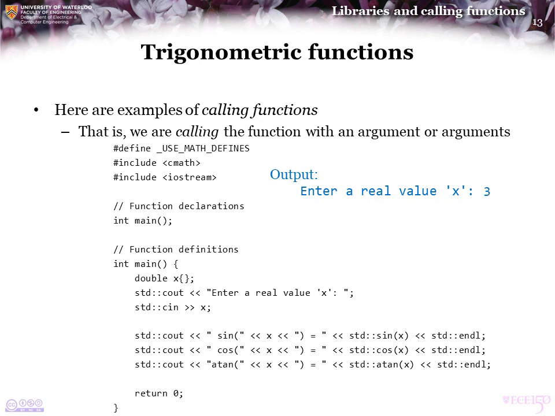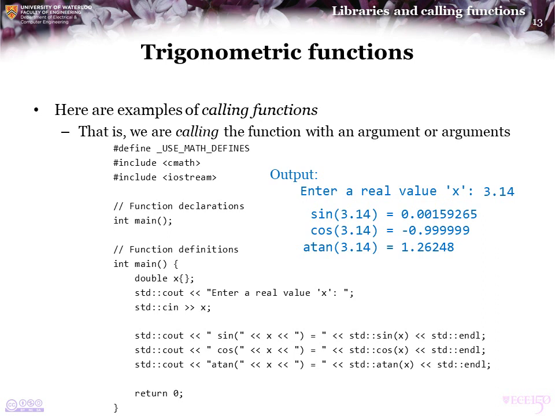We might type in 3.14 and then hit enter, and then this is what is printed to the screen. 3.14 is pretty close, but not exactly equal to pi, and therefore we see that sine of 3.14 is close to 0. Cosine of 3.14 is approximately -1, and arctangent of 3.14, which really has nothing to do with pi, is just the value that's presented there. Of course, these are only approximations, but reasonable.